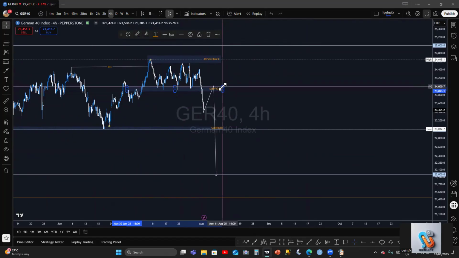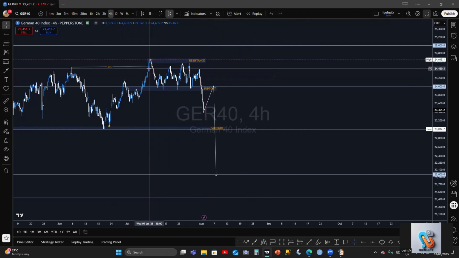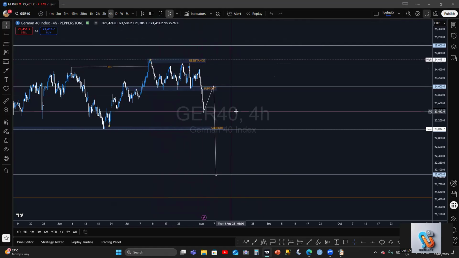This is one thing you must learn. Here, you can see a sideways market, price just moving from support to resistance, resistance to support, support to resistance.